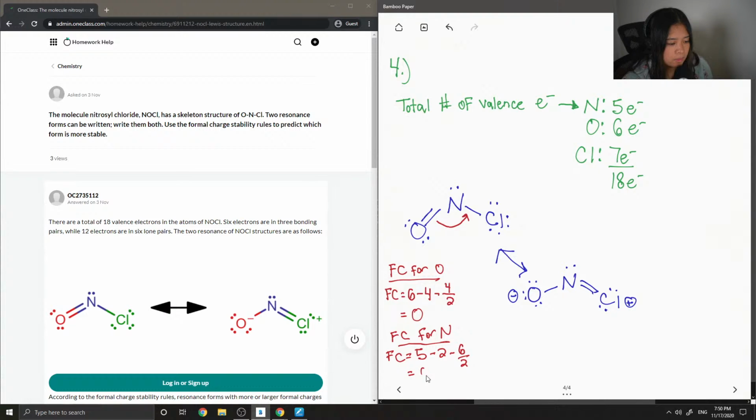So that gives us 0 as well. And then lastly, for the chlorine, it's 7 valence, 6 lone pair electrons, and 2 divided by 2, which is also 0.